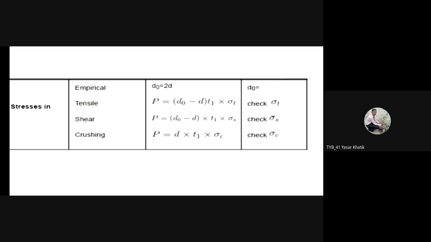84. It is not ultimate, it is design. 420, sir. 420 is the ultimate tensile strength, right? 420 divided by 2, that is 210, divided by factor of safety. 420 divided by factor of safety 5 is equal to how much? 42, sir. 42.